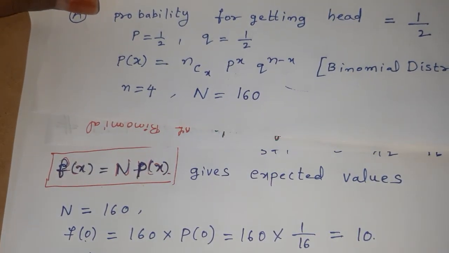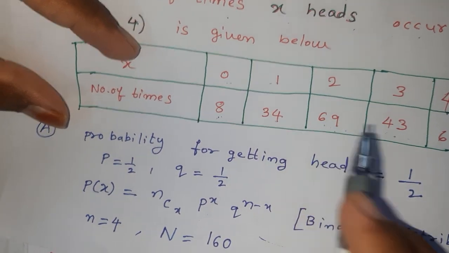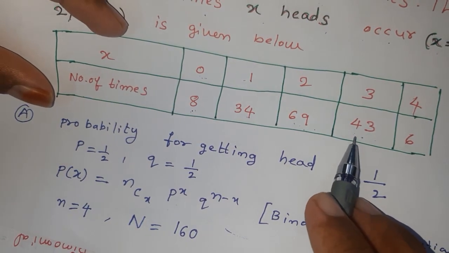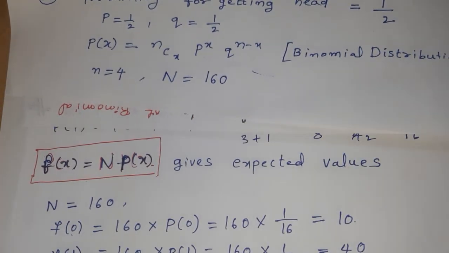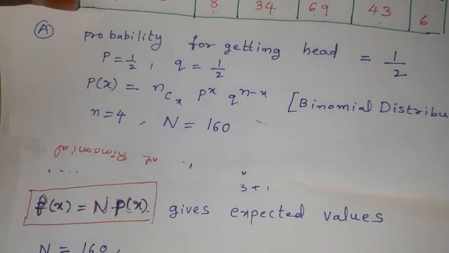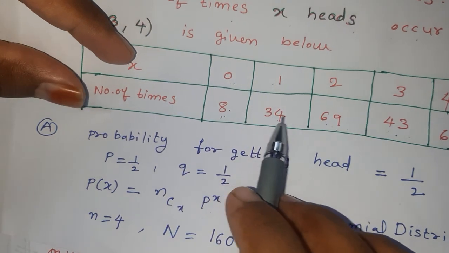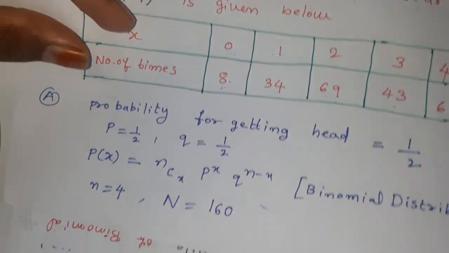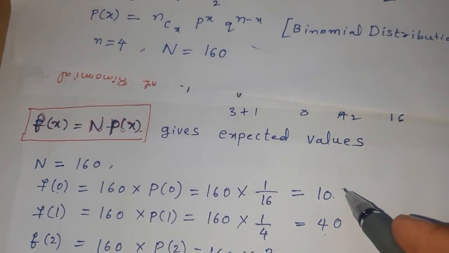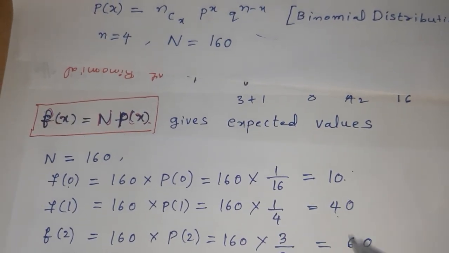Expected value is 60, actual value is 69. Expected value is 40, actual value is 43. Expected value is 10, actual value is 6. Therefore, these values are almost close to each other. So without doing a random experiment, in this way we can expect these values.